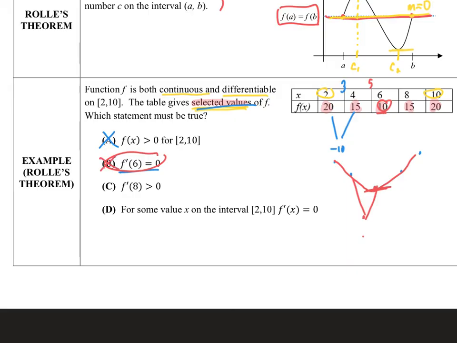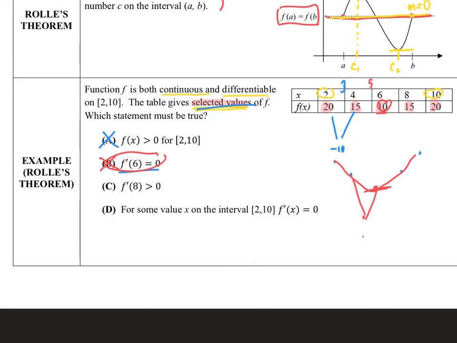And C is kind of that same train of thought, that even though when I look at this graphically, it looks like this is increasing as I run past 8, it's not necessarily true because I could decrease, and without knowing what's happening on the in-between values, that could happen.